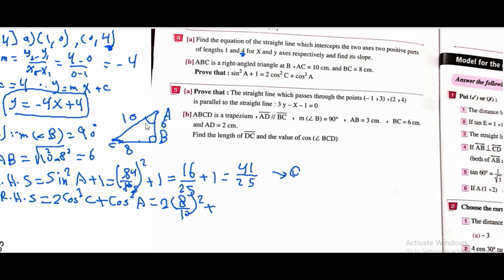You can use the calculator. The result will be 41 over 25. From 1 and 2, therefore the left hand side equals the right hand side.